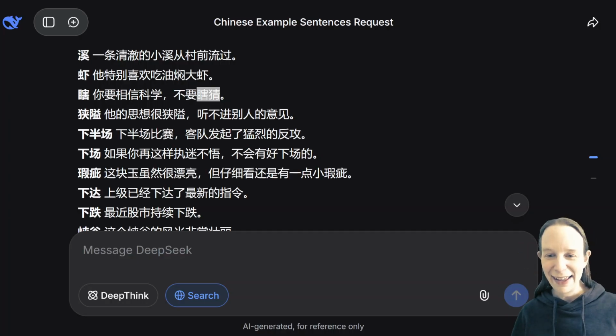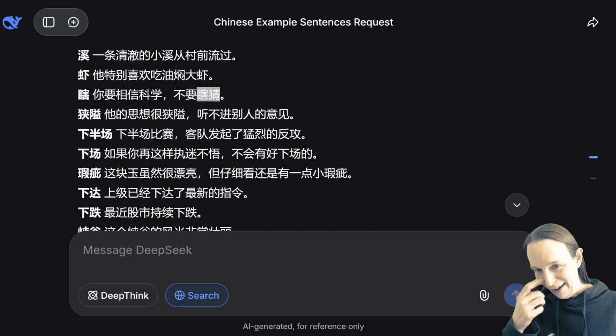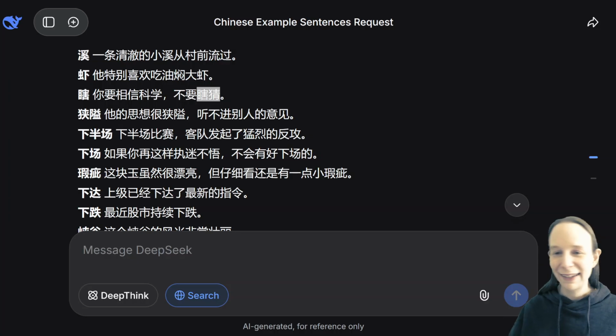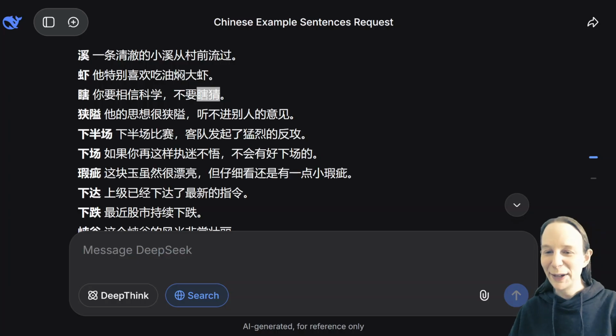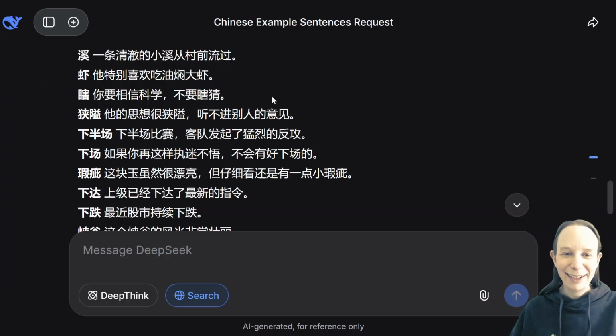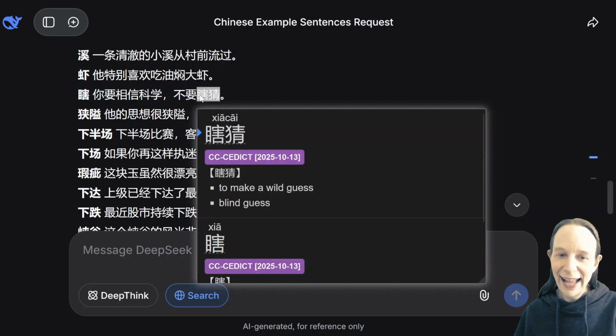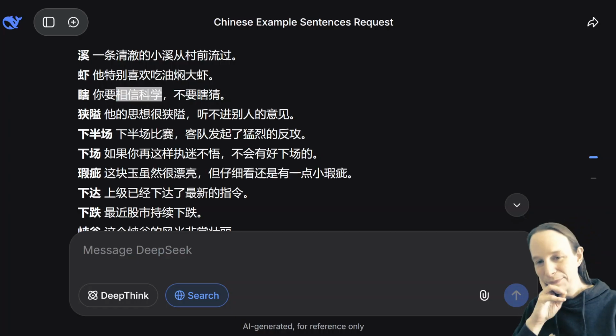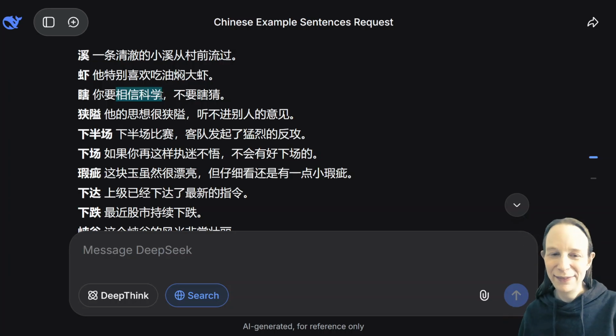But if you get an expert on their particular area of expertise, they've already made all the mistakes you're going to make, like 10 times over, years ago. Anyway, so you don't need to blindly guess. Trust science, believe science, etc., etc.